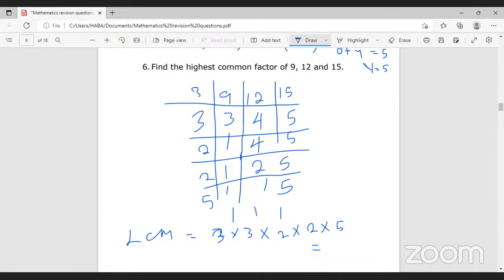So that is the highest common factor. So what is the answer? It's 3. What if they are more than 1? You multiply them.